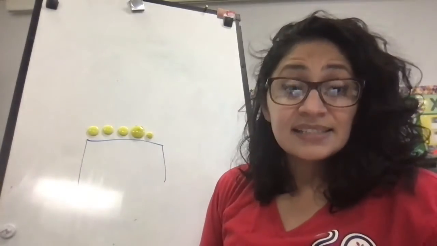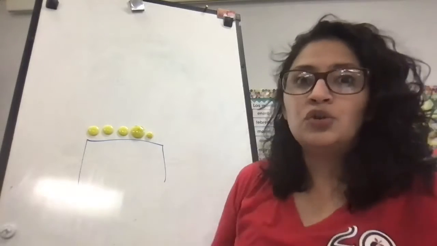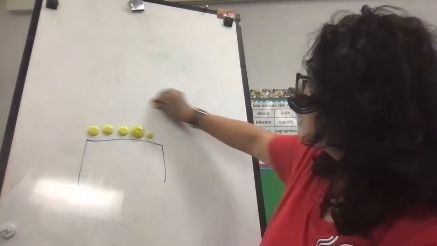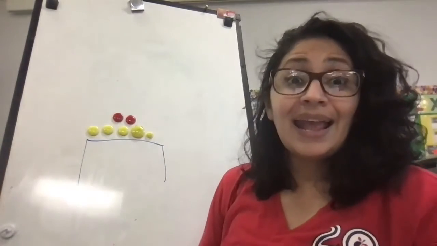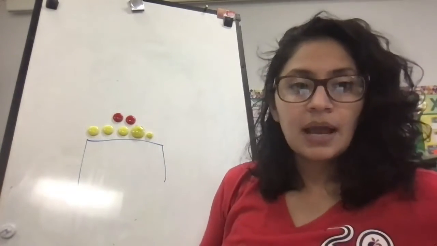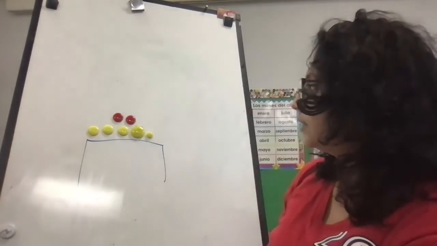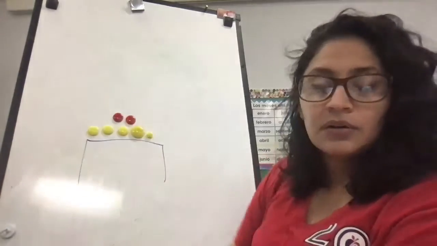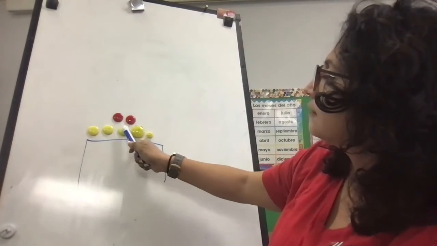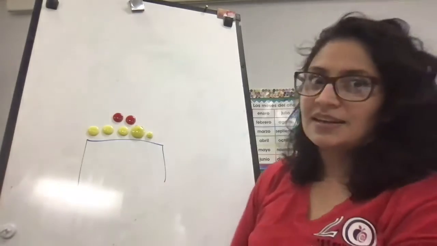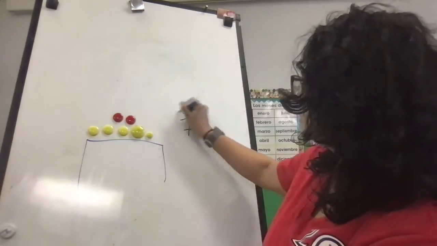The next sentence tells me that my mother brought me 2 more apples. 1, 2. And we are trying to figure out how many apples are on the table now. Well, we count how many are on the table now. 1, 2, 3, 4, 5, 6, 7. 7 apples are on the table.